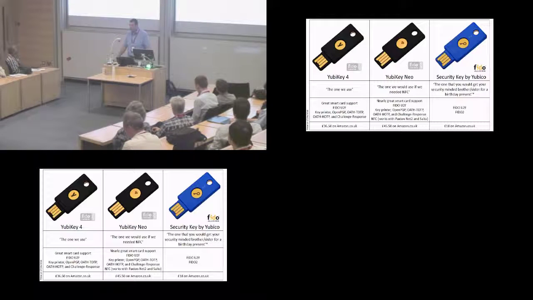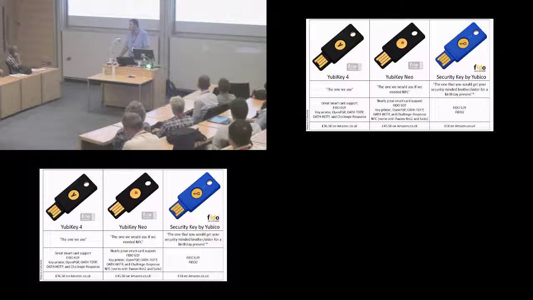At the moment, there are 3 main varieties out, with USB-C options as well. At Queen's, we're using the YubiKey 4. It's a little bit cheaper than the YubiKey Neo, and it's got every single feature with the exception of NFC. So absolutely fantastic smart card support. It can store a lot of certificates and a lot of data for that.